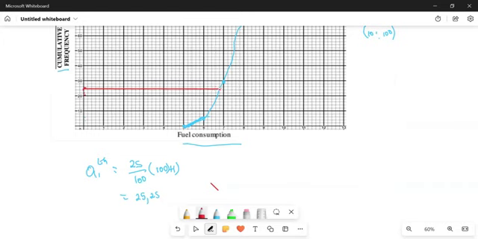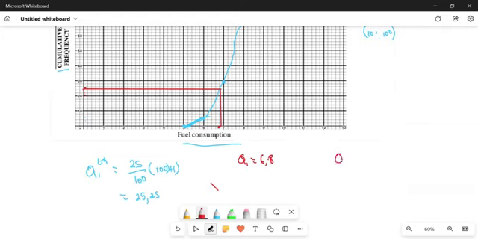And then after touching the graph, you go down again. If you go down, you get 6.8. Then our Q1 is going to be equal to 6.8.